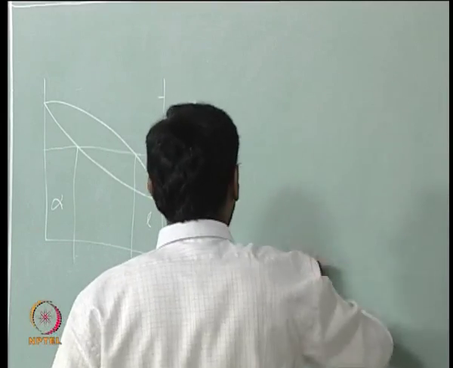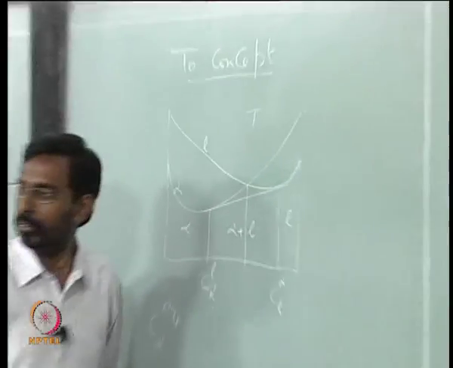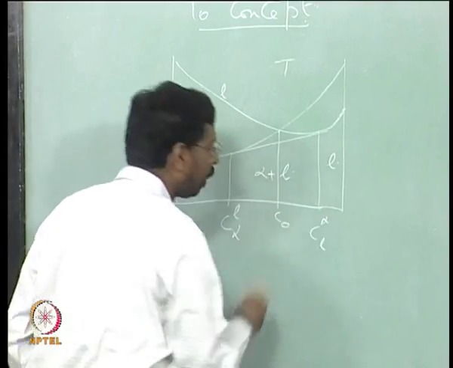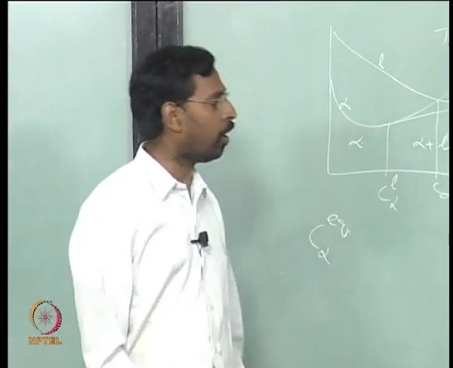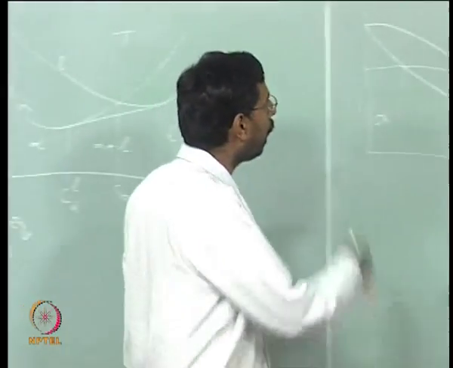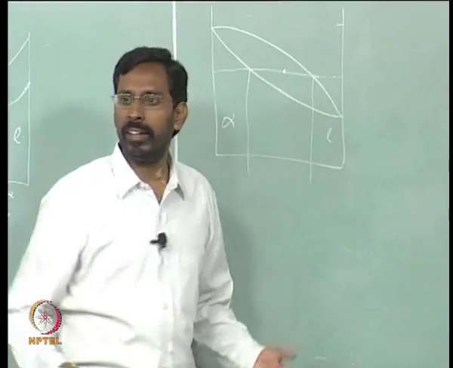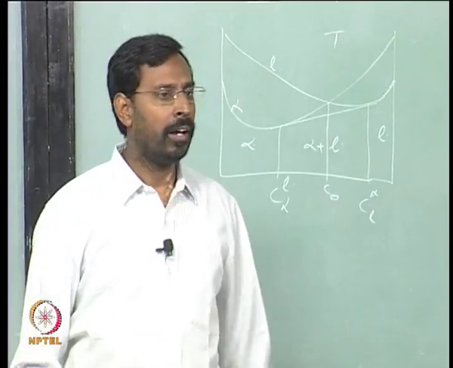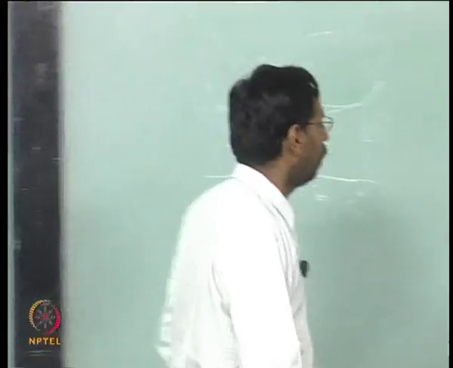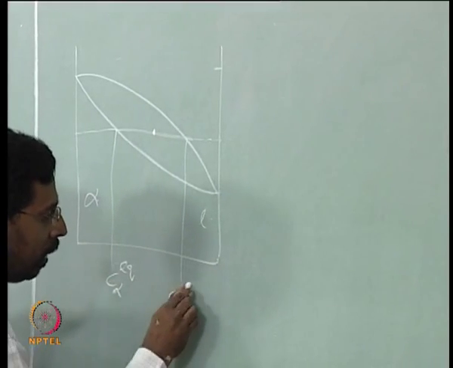Now we were talking about this particular composition which we called C naught, and we saw what would happen if I choose any alloy. That C naught composition I can put on this phase diagram somewhere here, need not be exactly at the center, depends on how the free energy curves are, but it is definitely between the C alpha equilibrium composition and the C liquid equilibrium composition.